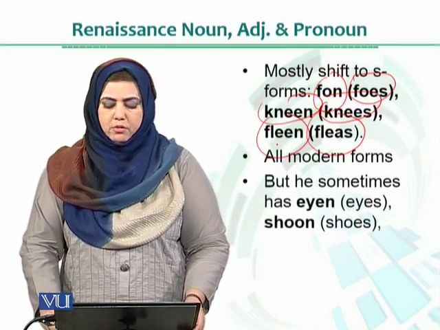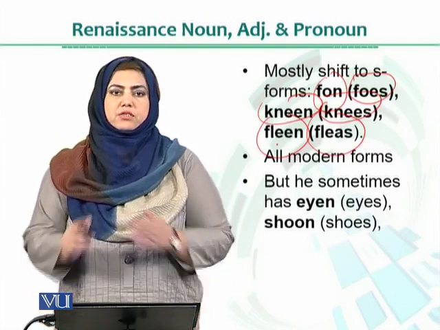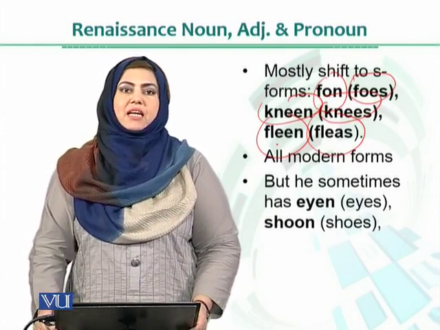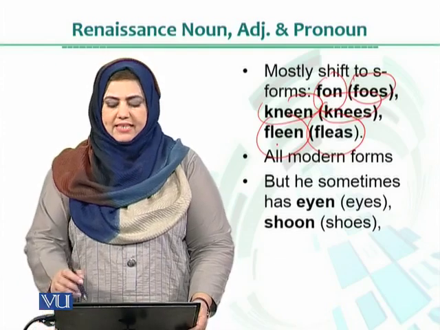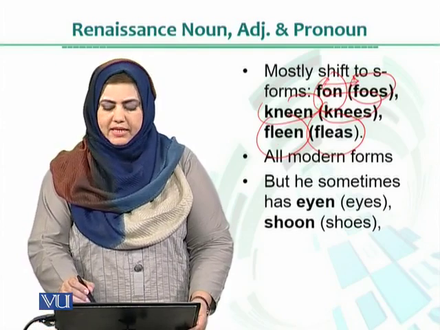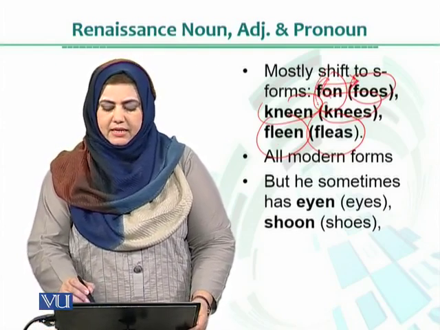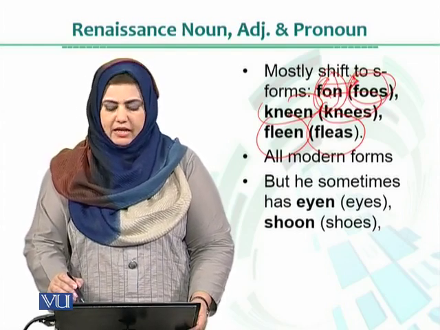All the modern forms that we find of making plurals have their history or roots in these times. However, sometimes, with the movement that was taking place from Middle English to Renaissance time, the change from Middle English fone to foes did not happen.